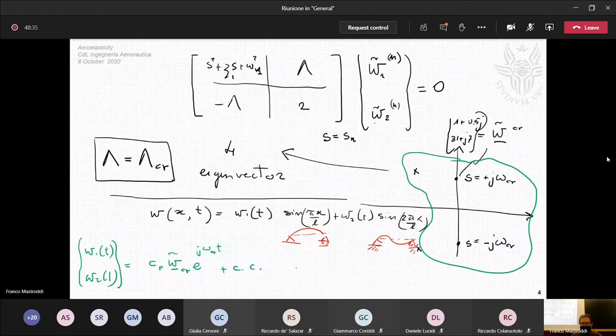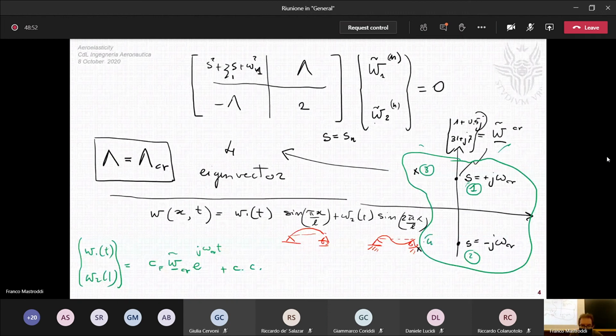I don't write it. So I am including this pole as the first pole. This is the first, this is the second, conjugated. Here we have the third, and the fourth here.